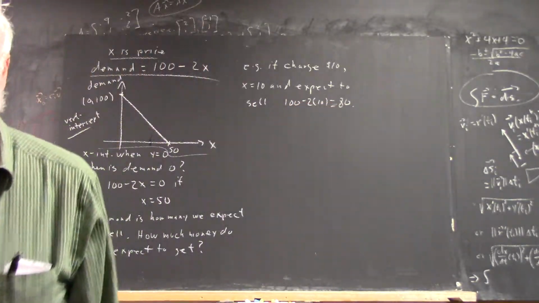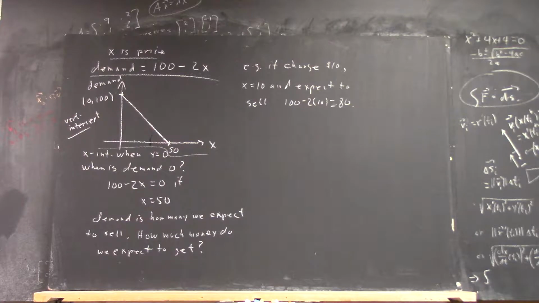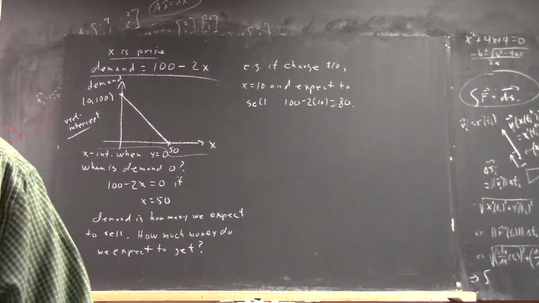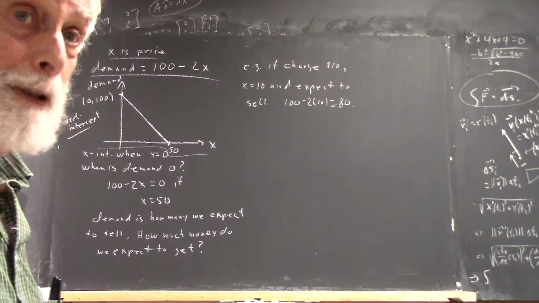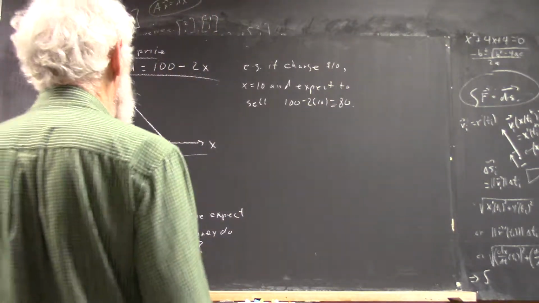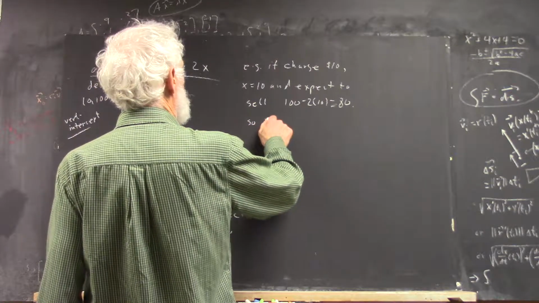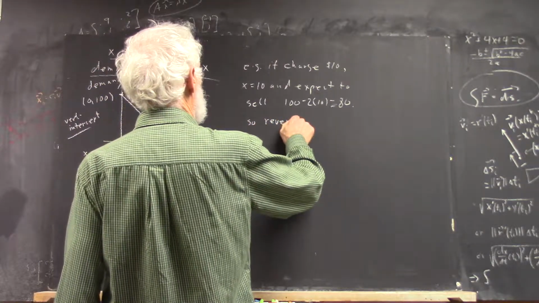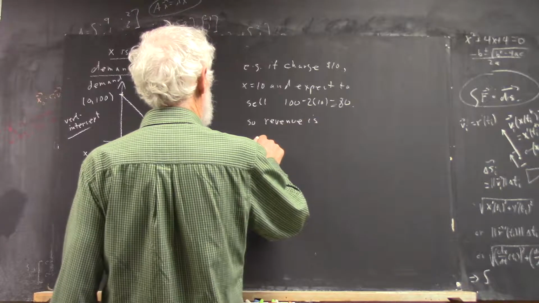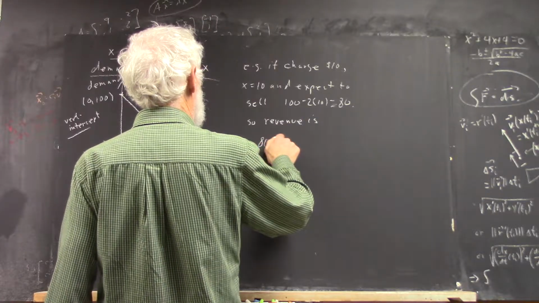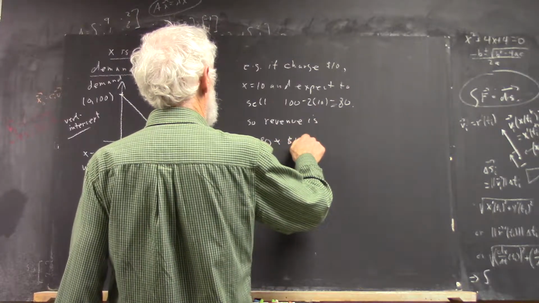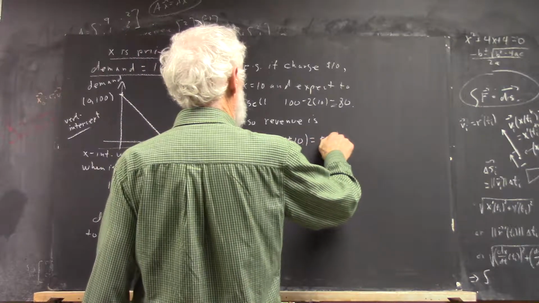Make sense? If I sell 80, how much money am I going to take in? $800. Yeah, multiply how much I charge by how many I expect to sell, right? And that's our revenue. 80 times $10 or $800.